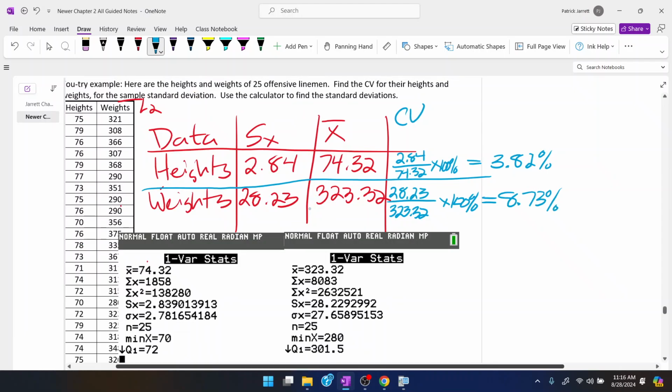So which group has more variance overall? Would you say it's heights or weights? It's definitely the weights.